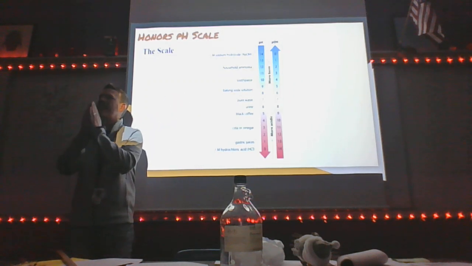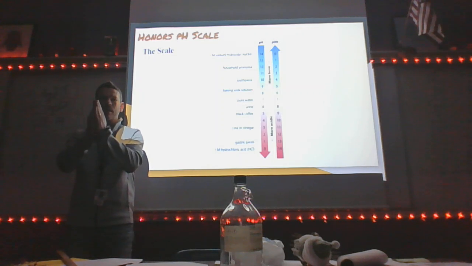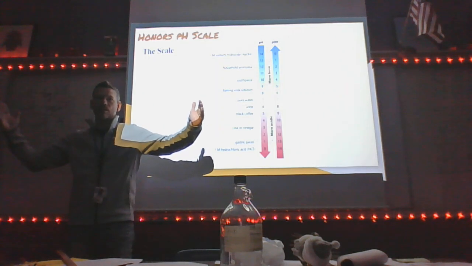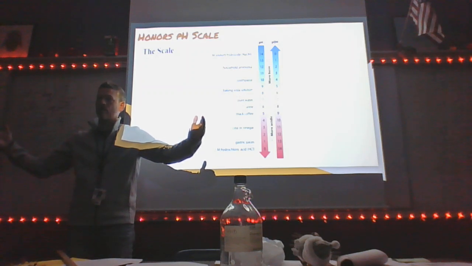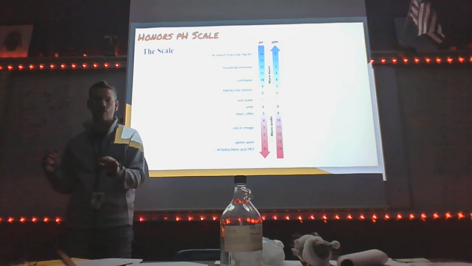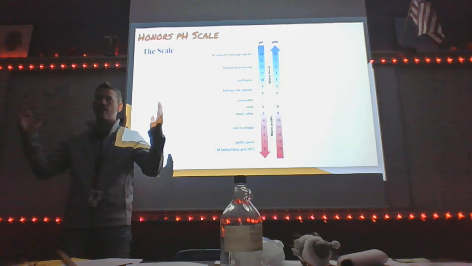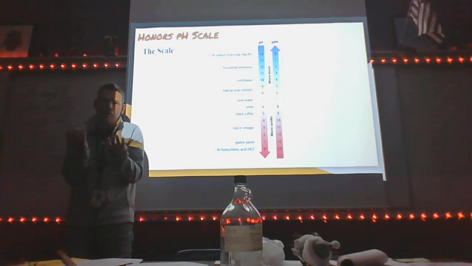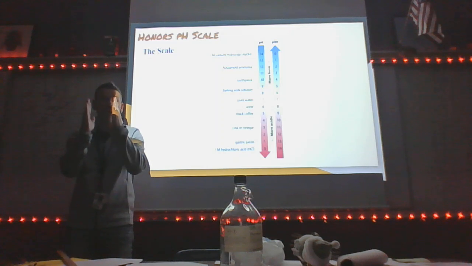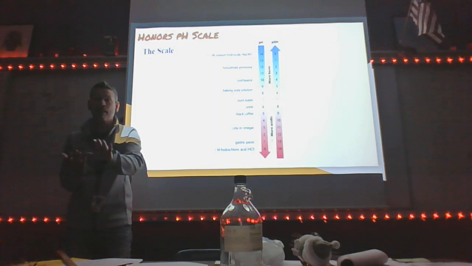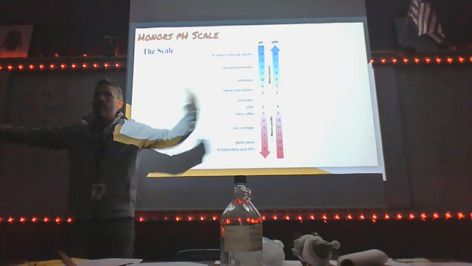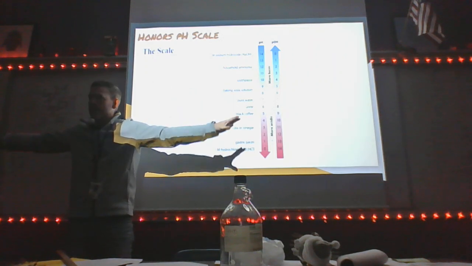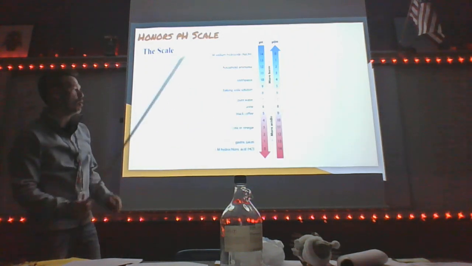So 7, neither acidic nor basic. Now, the scale itself, though, has two extremes. Both of the far ends, the 0 and the 14, should be considered dangerous. Because the way it works is when you're near the middle of the scale, and you're water basically, the moment you start clicking away from 7 is when things become acidic or basic, but they slowly become more and more powerful, with the outsides being the most powerful.